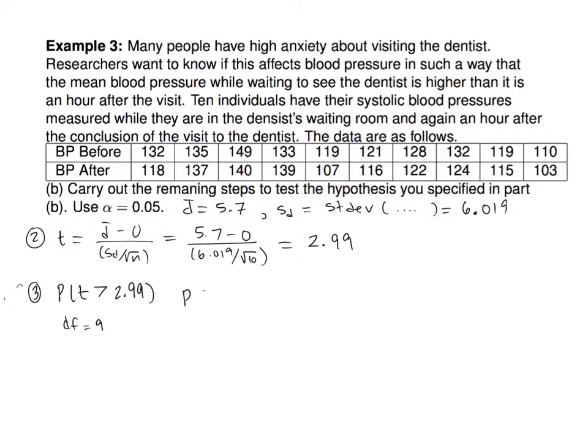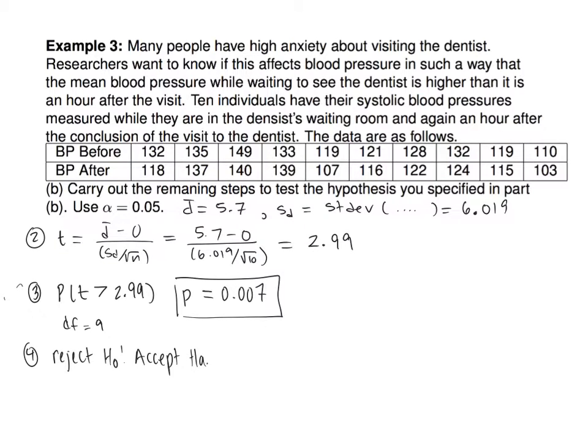So P is about equal to, or close enough to what number? 0.007. Okay, and then what do you do about this silly old H naught? Reject H naught.